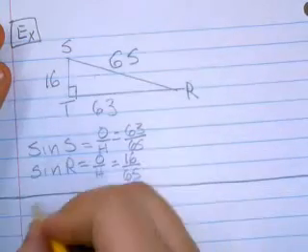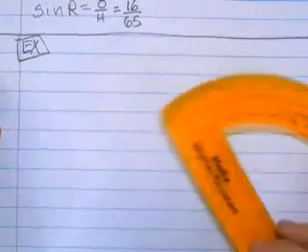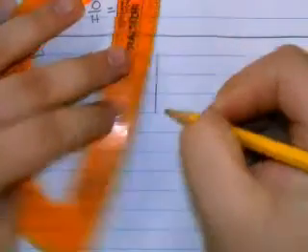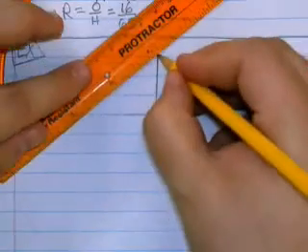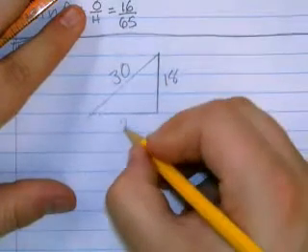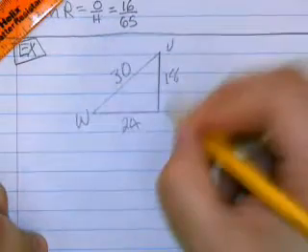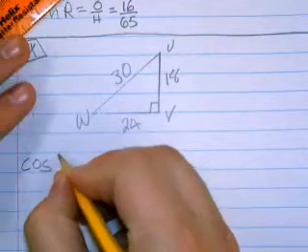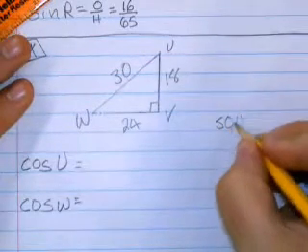Let's draw another right triangle for another example. Alright, so let's find the cosine of U, and then, of course, the cosine of W. Well, let's say Mr. Adams totally forgot all of his trig functions.